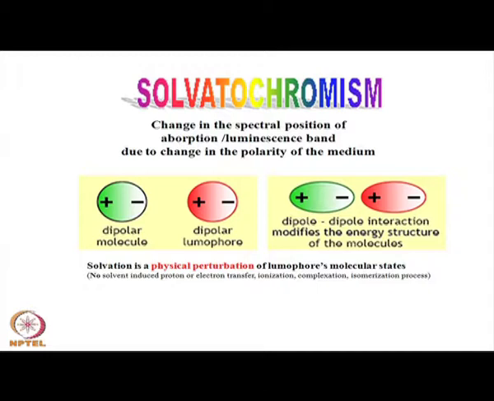So solvation is a physical perturbation to this fluorophore or lumophore molecular state. In that case we must consider one thing: there are no solvent induced processes like proton transfer, electron transfer, ionization, complexation or isomerization and so on.